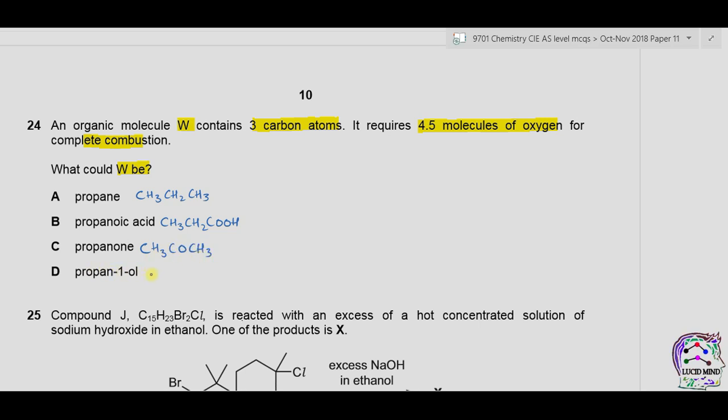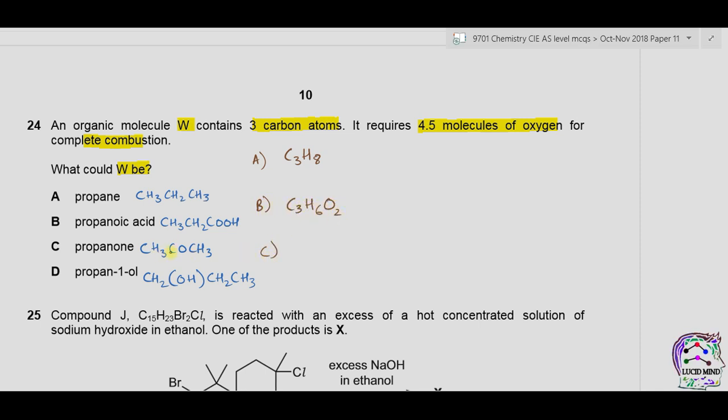D is propane 1-ol, so we can write CH2OH, CH2, CH3. Let's write the molecular formula of each of these compounds. In A we have propane, so propane is C3H8. In B we have propanoic acid, so it is C3H6O2.